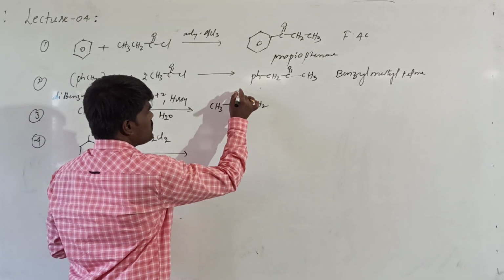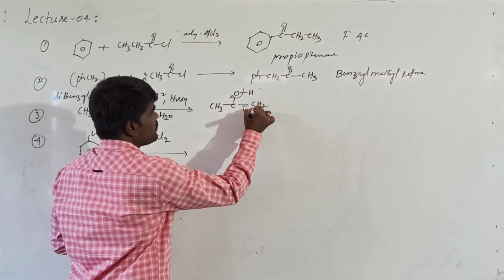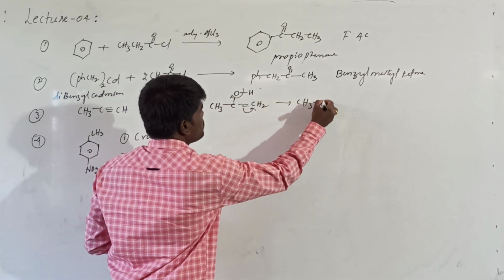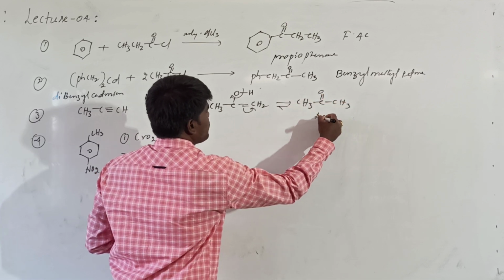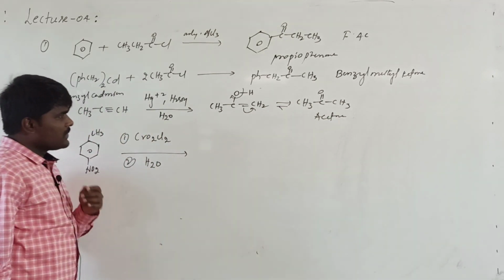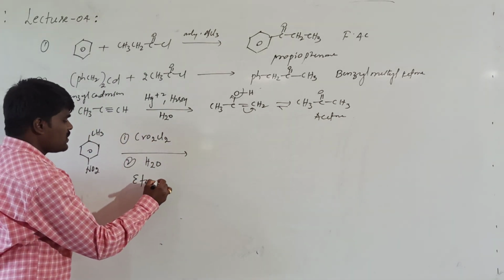On enolization, you get an intermediate, and it will be converted into acetone. Acetone you will get as the final product. Which reaction is this? Etard reaction.